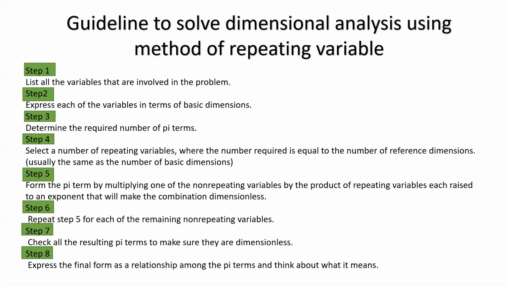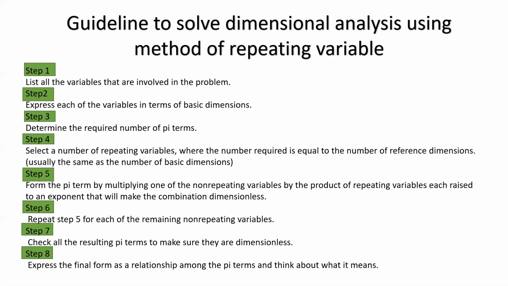The fifth step is we need to form the pi term by multiplying one of the non-repeating variables by the product of repeating variables, each raised to an exponent that will make the combination dimensionless. The next step, we need to repeat step 5 for each of the remaining non-repeating variables.